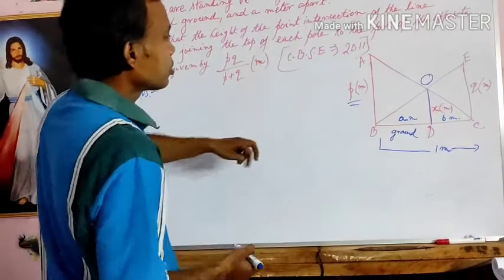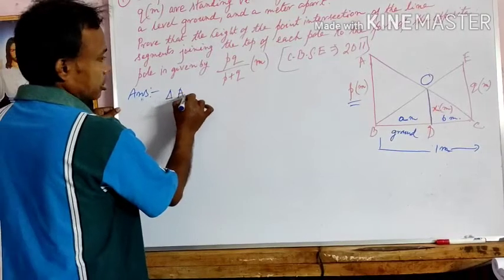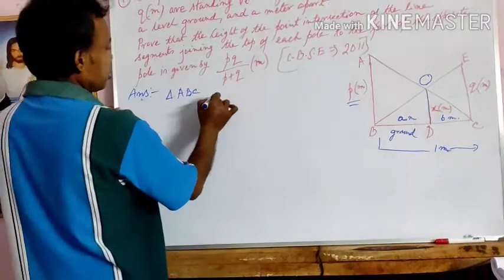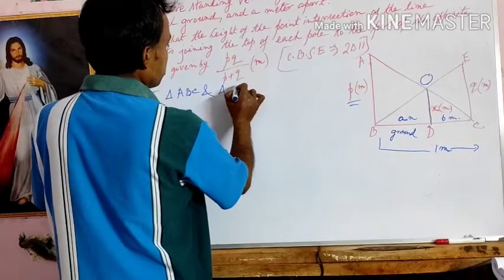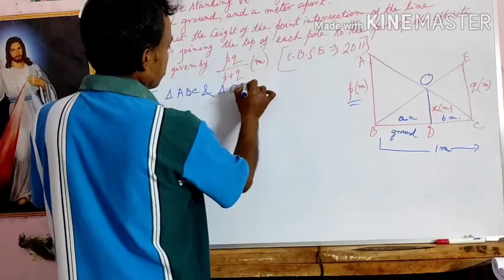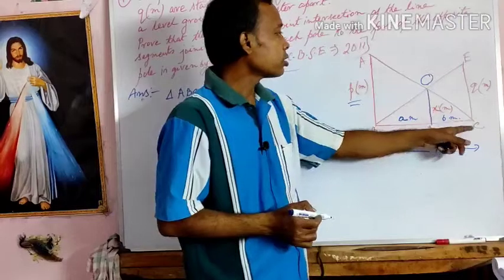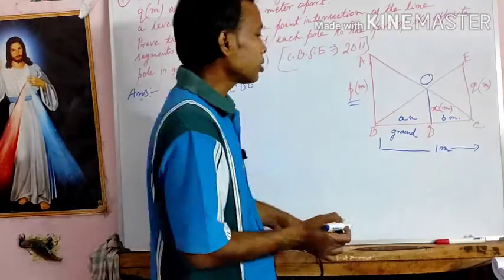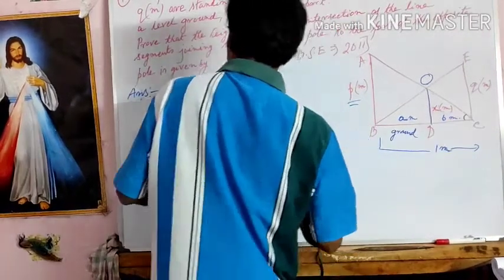Now we take triangle CDO and triangle CAB, or ABC. In the two triangles, C is the common angle for both the triangles.